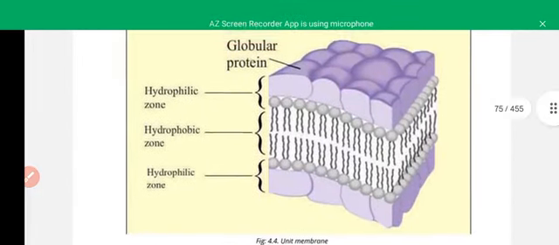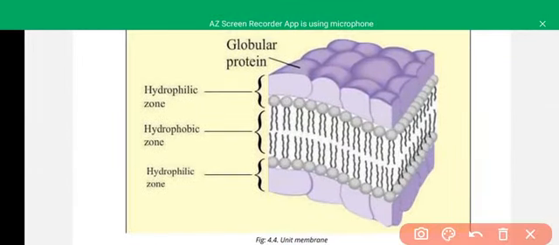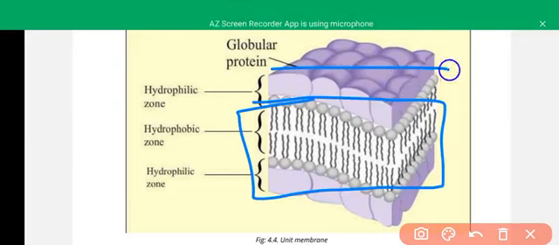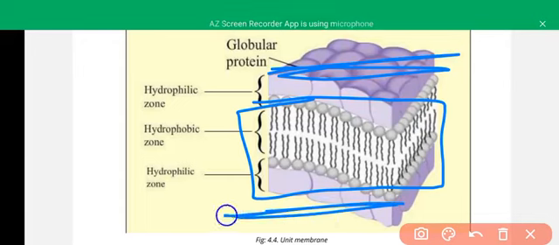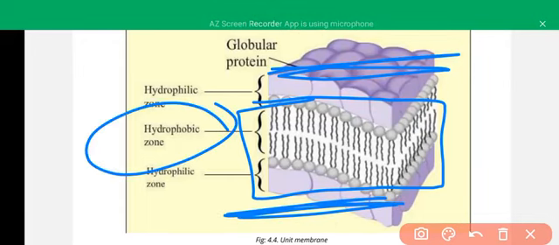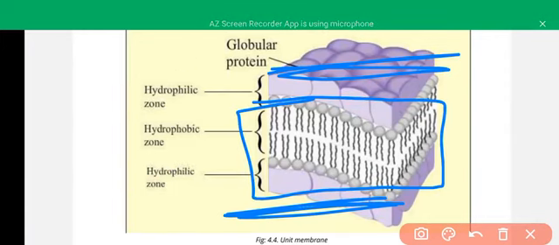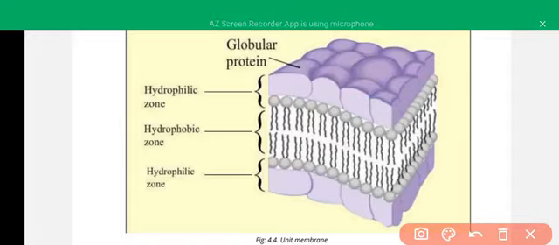According to the unit membrane model, it is composed of a lipid bilayer sandwiched between an outer and an inner layer of proteins. The center is a hydrophobic zone, and the outer and inner layers are hydrophilic zones because of the protein structures.